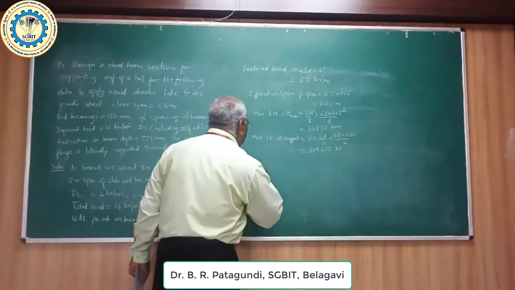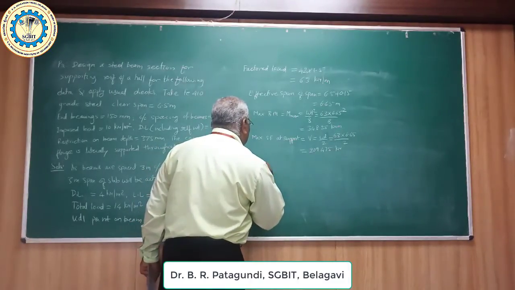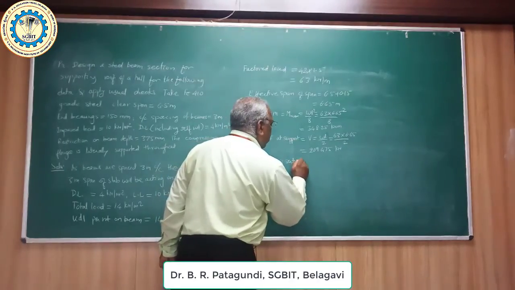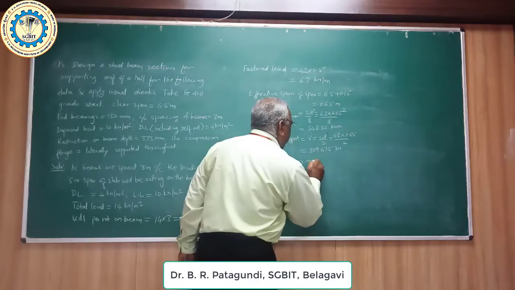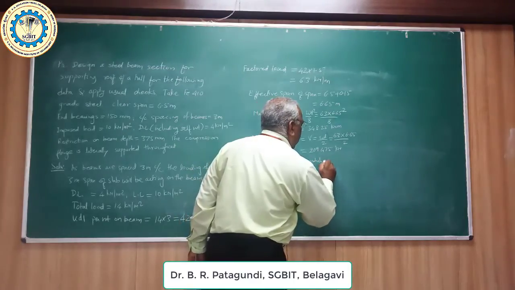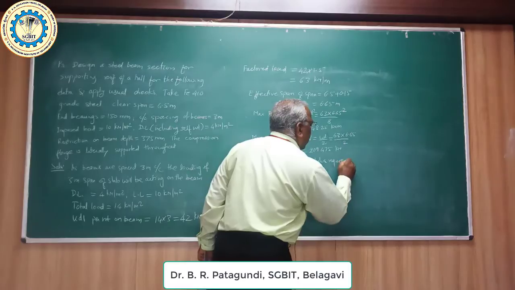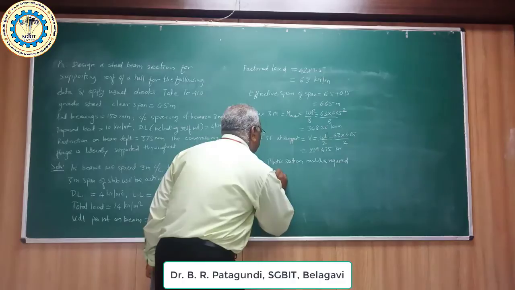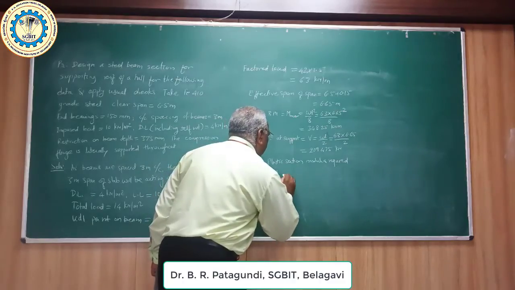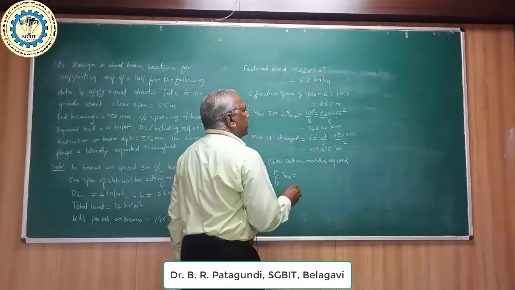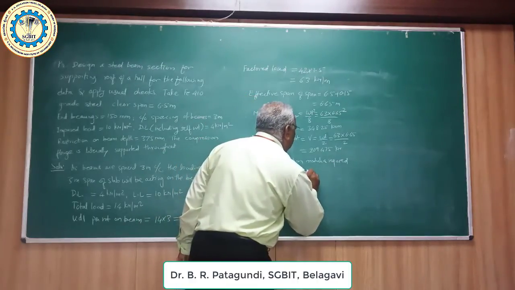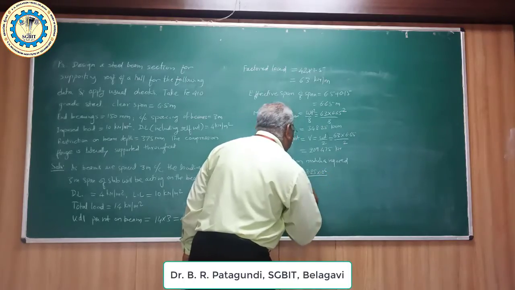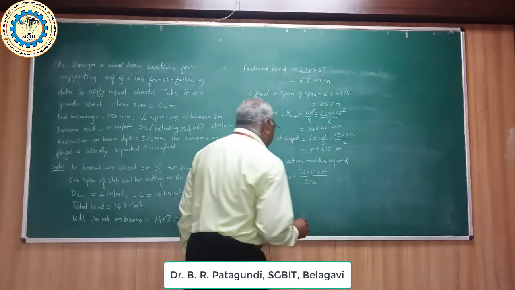Then ZP required, plastic section modulus. ZP required is equal to M divided by Fy into gamma MO. So, maximum bending moment is 348.25 into 10 power 6 Newton mm divided by Fy, which is 250 Newton per mm square.